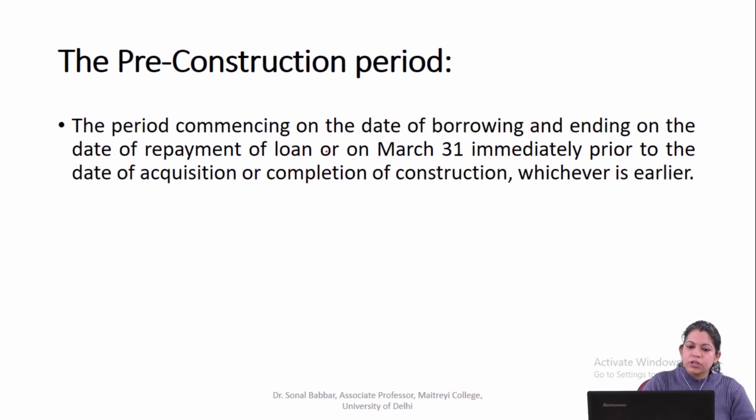So what is the pre-construction period? The period commencing on the date of borrowing and ending on the date of repayment of loan or on March 31 immediately prior to the date of acquisition or completion of construction, whichever is earlier. So we have the opening date. We are saying it is a pre-construction period. It has to have an opening date, also a closing date. So opening date is fixed, which is date of borrowing.